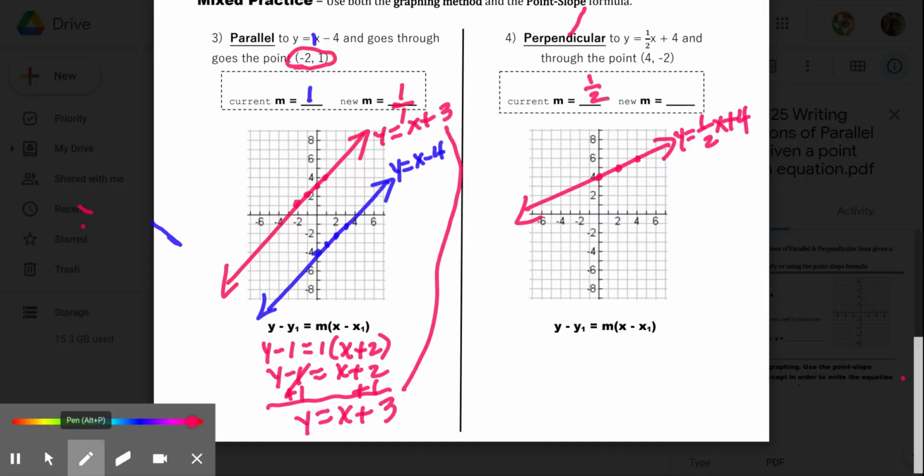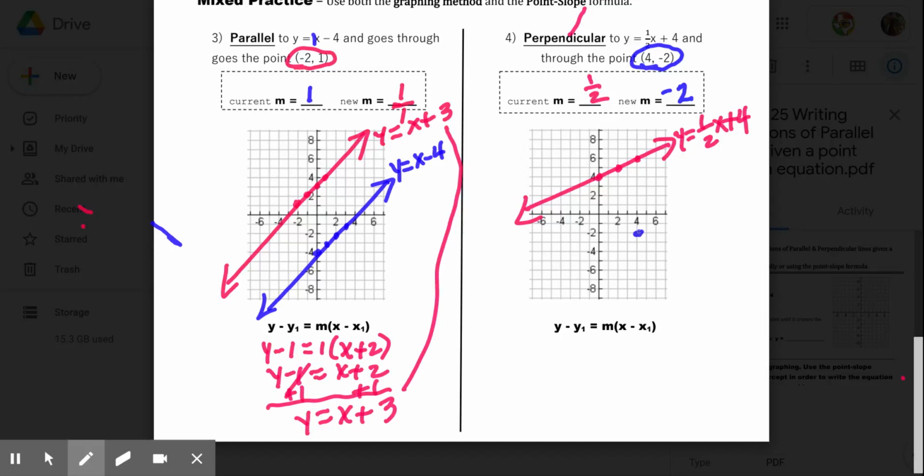So our new one, for perpendicular, is opposite sign and we flip it. So when we flip 1 over 2, that gives us 2 over 1, which is a whole number 2. And we also change it to a negative. So then it says it's going to go through the point 4, -2. So I go right 4, down 2.